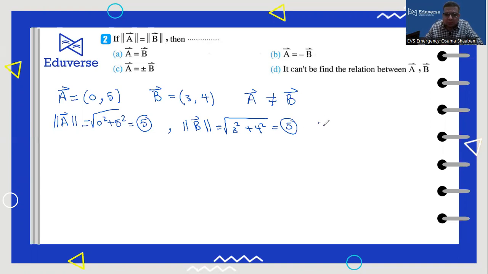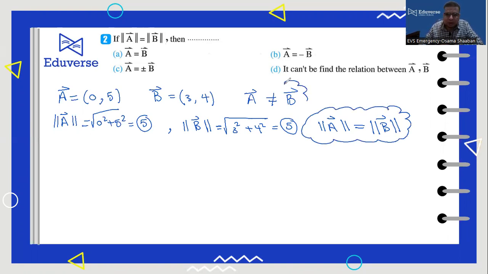They are the same norm. So norm A equals norm B, but vector A is not equal to vector B. So you can't choose it.